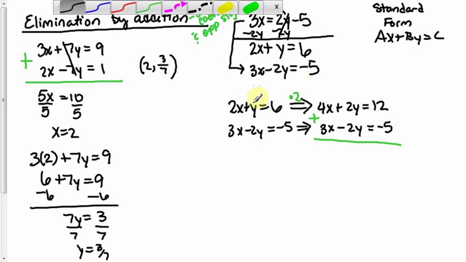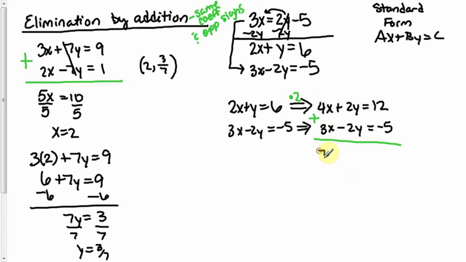The least common multiple of 2 and 3 is 6. So I would have to multiply this equation by 3 and this equation by negative 2, right? One of them's got to be negative in order to eliminate by addition. You may have to do it to both equations, but it would be a different number. Okay? So let's go over here.